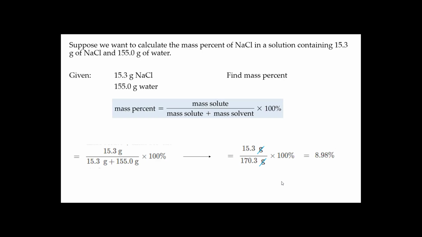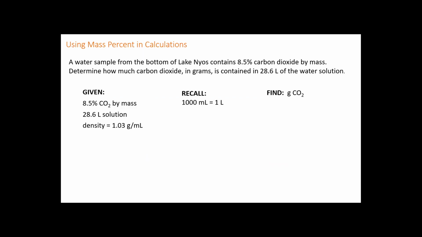So we plug everything in, and you can see that the solute and the solvent have been added together. That produces 170.3 grams. The grams cancel out, and we have a percentage, which is what we should have, because we're working with percent. So in this case, the units have to cancel out. So we have an 8.9% sodium chloride solution by mass.